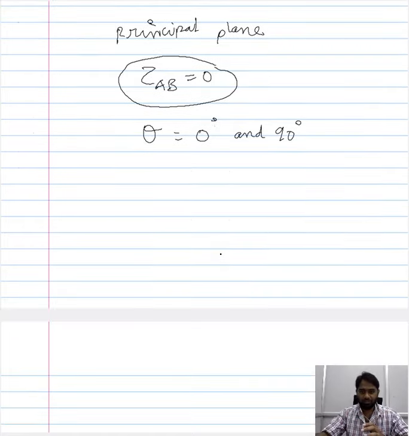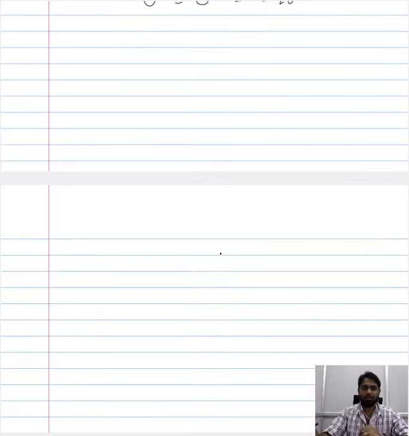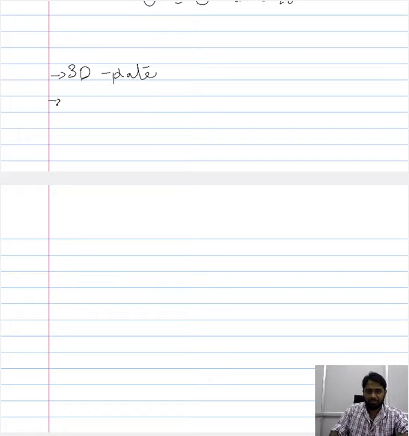Now let us stick to the conditions we are looking into right now, that is a three-dimensional plate experiencing biaxial tensile loading, and we have a region of interest that is inclined by an angle theta.